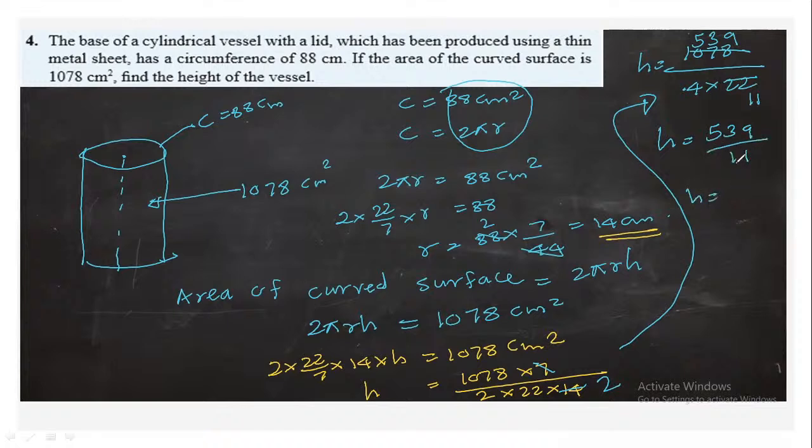How many 11s are there? No, 44 we have to divide. 539 divided by 44, because 4 times 11, right?